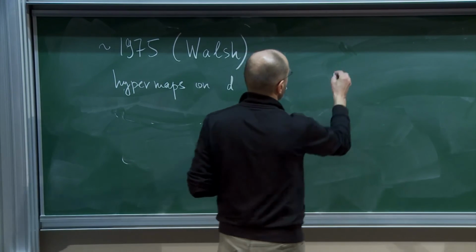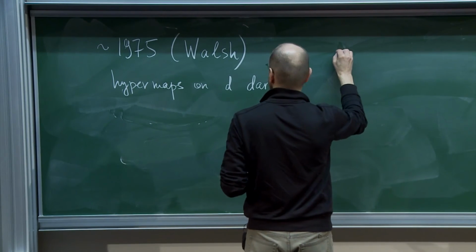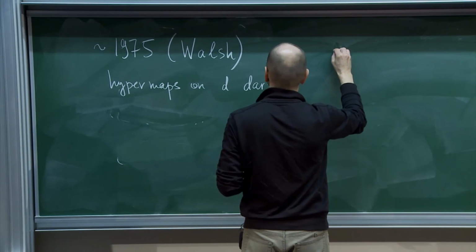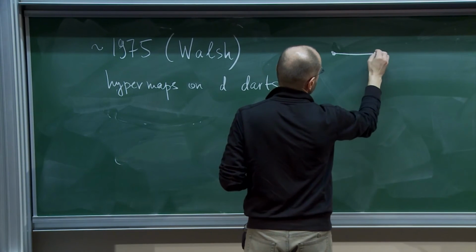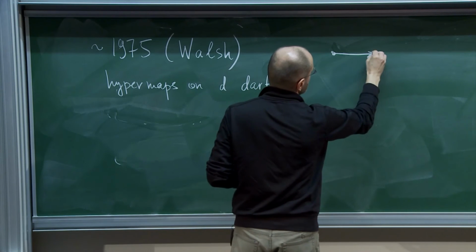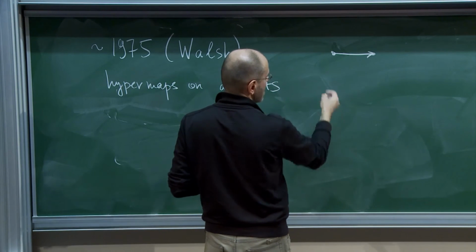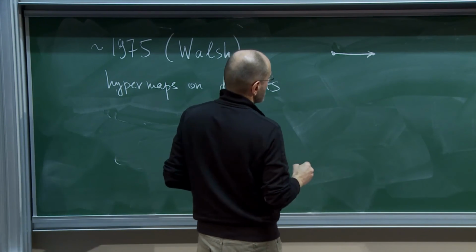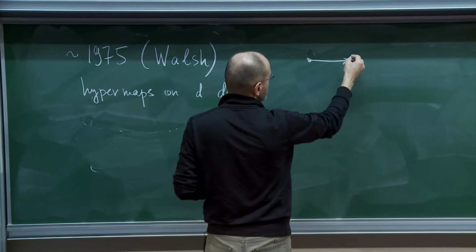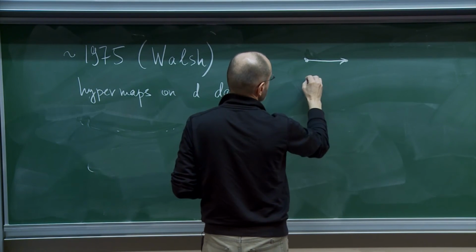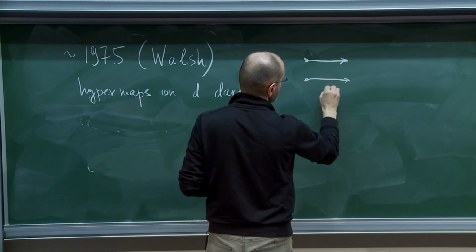You consider D darts like this. We can think of them as segments from 0 to 1. There are D of them.